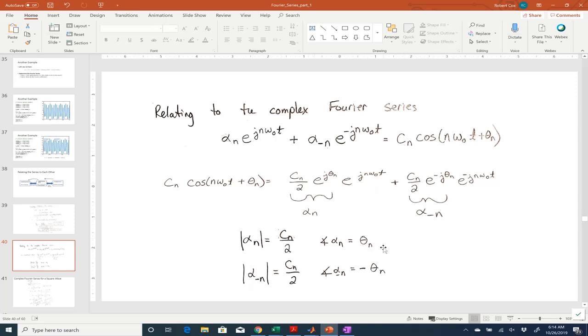Again, this just uses Euler's identity. So I need to figure out, for each alpha n, I can relate the magnitude of alpha n to Cn over 2, and I can relate the angle of alpha n to theta. Okay, so let's try to do that.